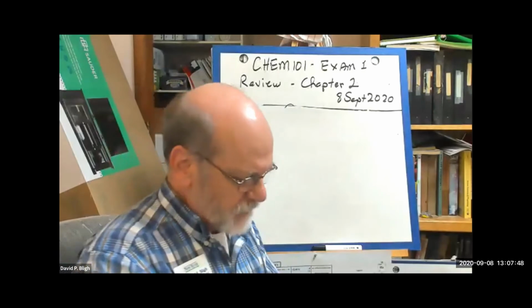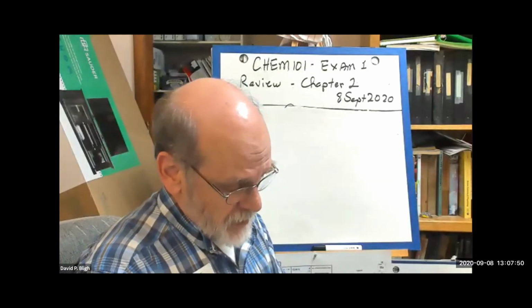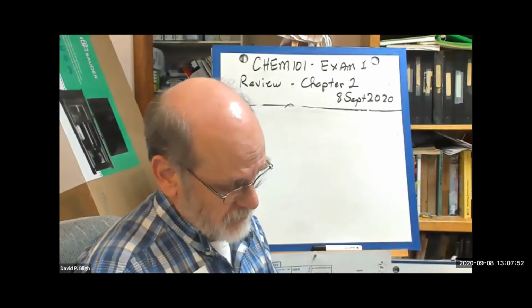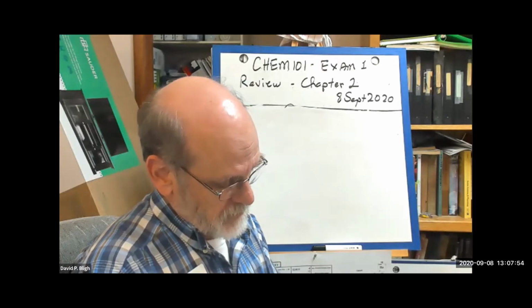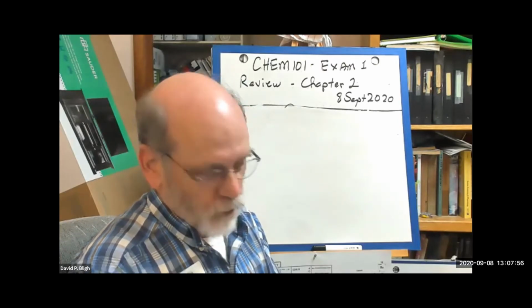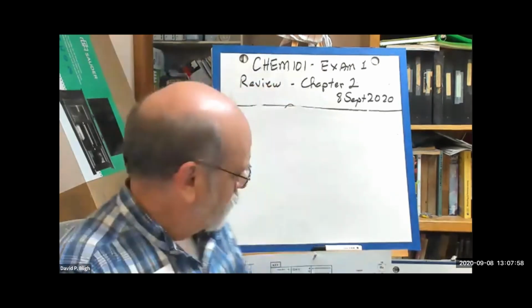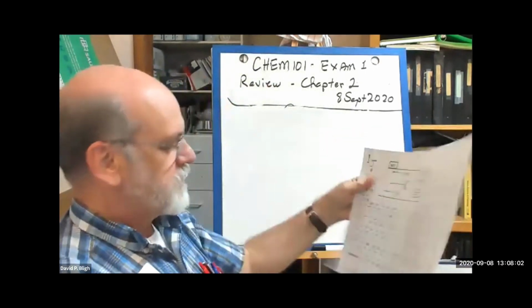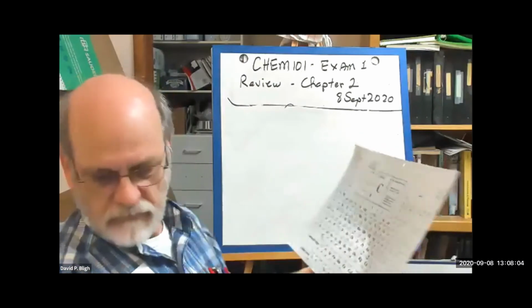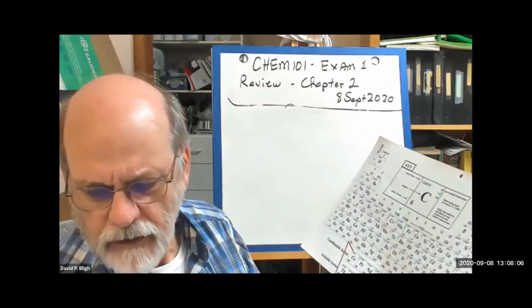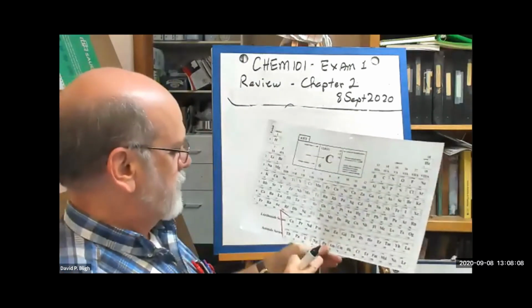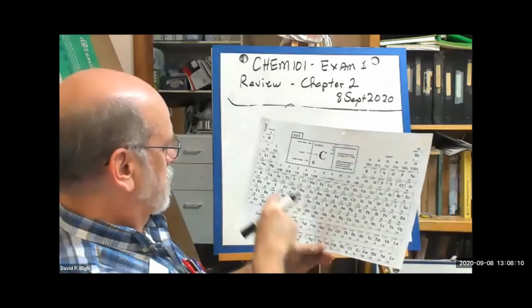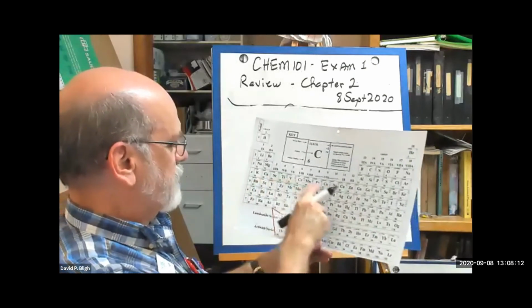Okay, that was 20. Let's see. Rhenium. Where's rhenium? You didn't have to memorize rhenium. So you just look for it. Let's see, RE. Now let's just scan it.